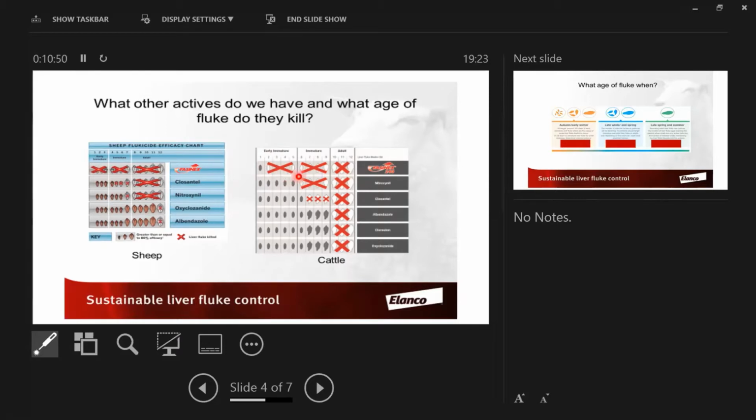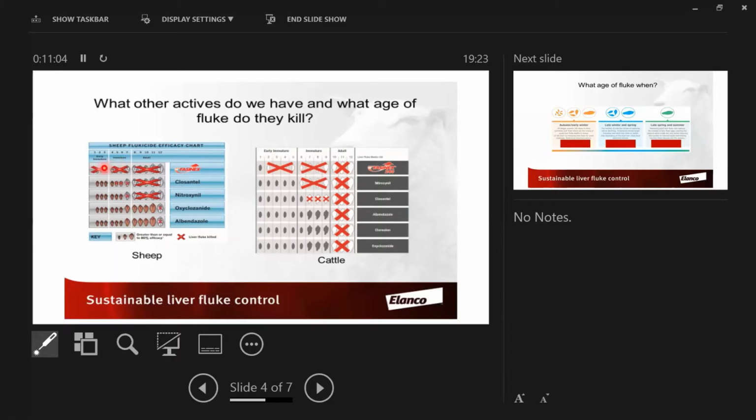Again, when we're looking at the cattle side of things, we call it Fasimec 240, but it's triclabendazole again. This is a product that will kill down to 2 weeks liver fluke in the animal. So slightly different than the sheep, 2 weeks in cattle, 2 days in sheep.